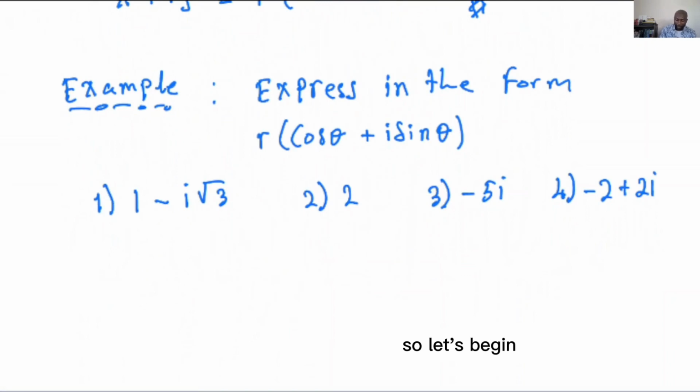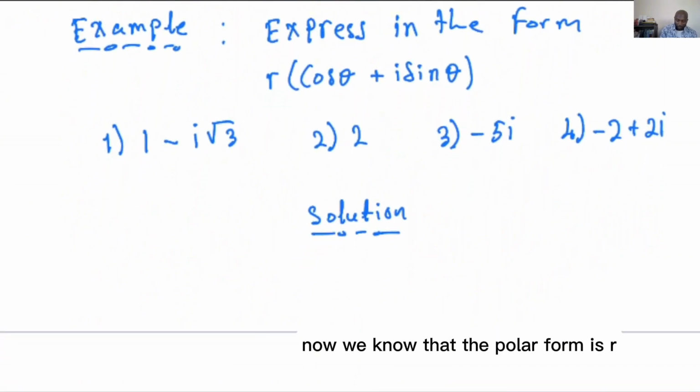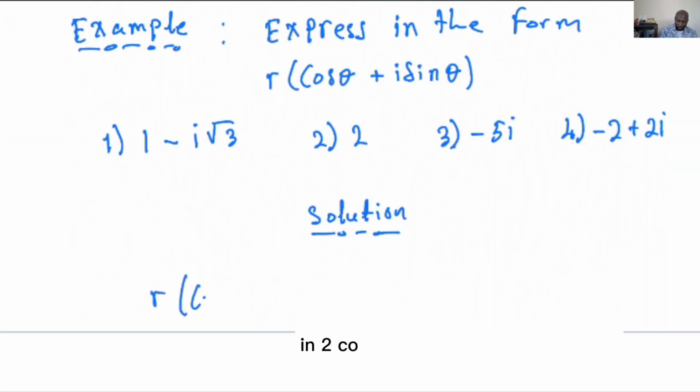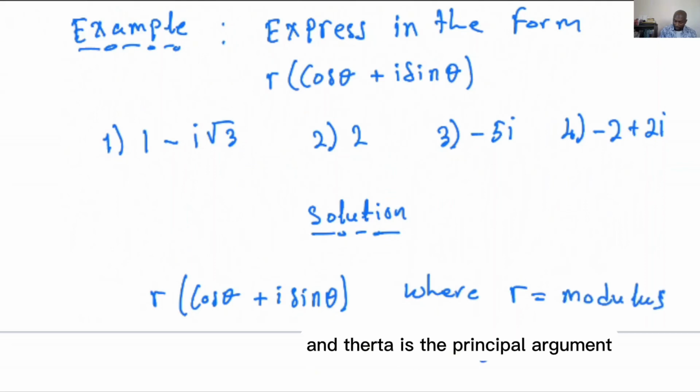So let's begin. Solution. Now, we know that the polar form is r into cos of theta plus i sine of theta, where r is the modulus and theta is the principal argument.